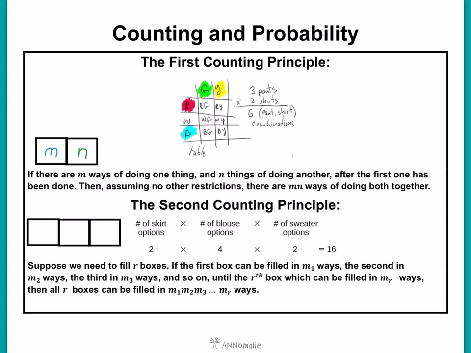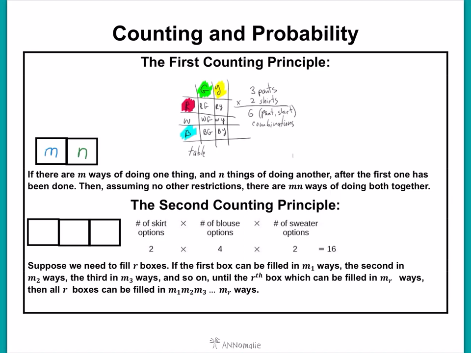So, to generalize that, suppose we need to fill our boxes. If the first box can be filled in M1 ways, the second in M2 ways, the third in M3 ways, and so on, until the rth box, which can be filled in Mr ways, then all our boxes can be filled in M1 times M2 times M3 all the way to Mr ways.